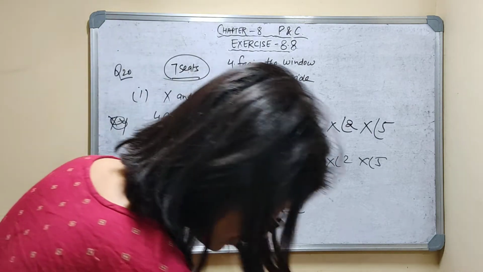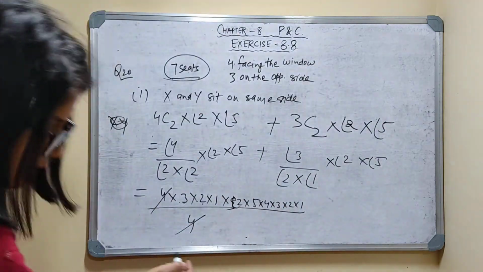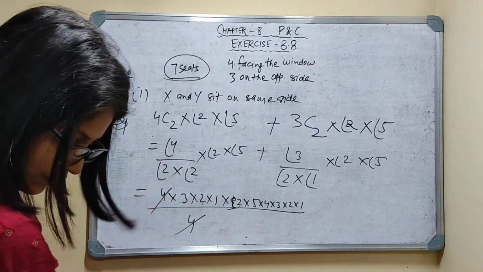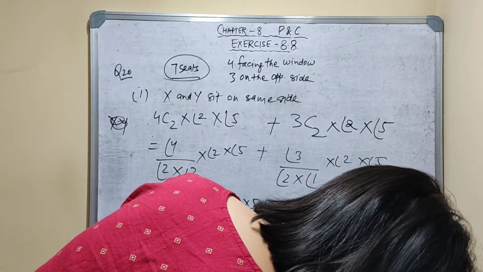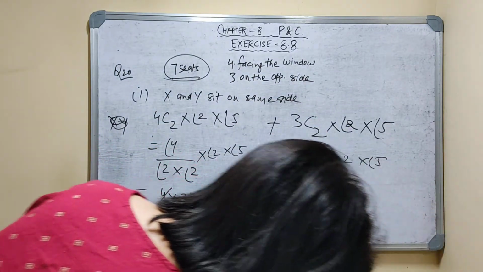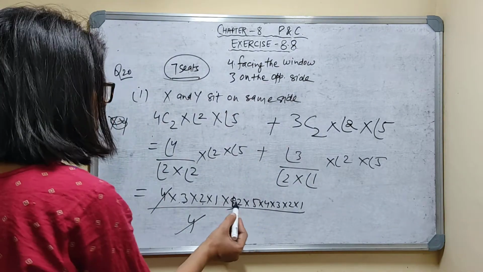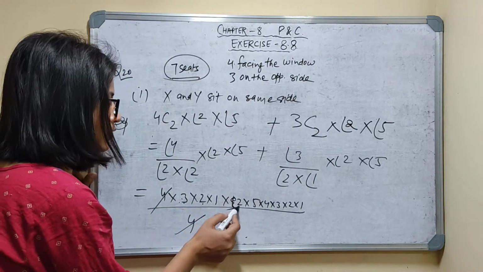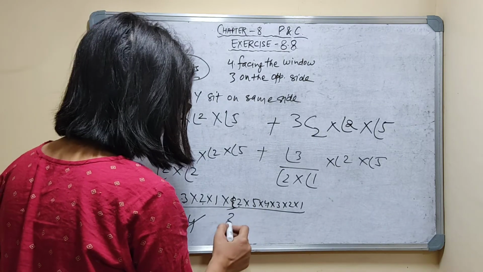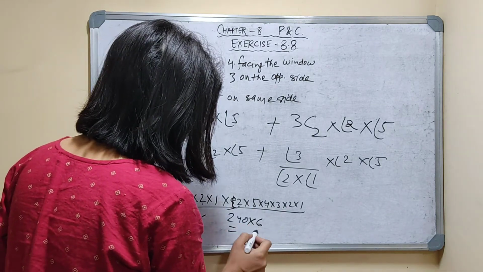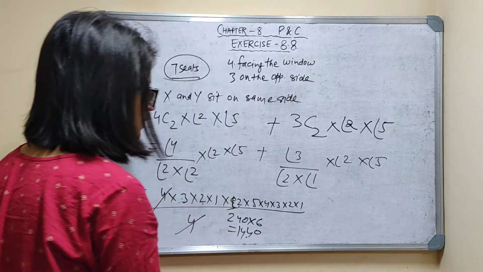One minute, I have a mistake somewhere. I have to check. 4C2 into factorial 2 into factorial 5. Correct. 3 twos are 6, 6 twos are 12, 12 fives are 60, 60 fours are 240, 240 into 6, that is 1440.